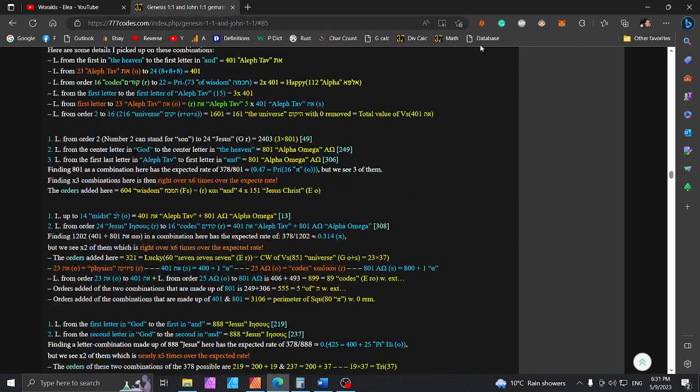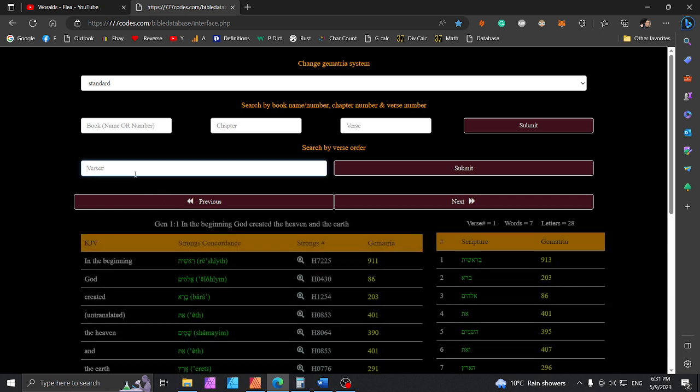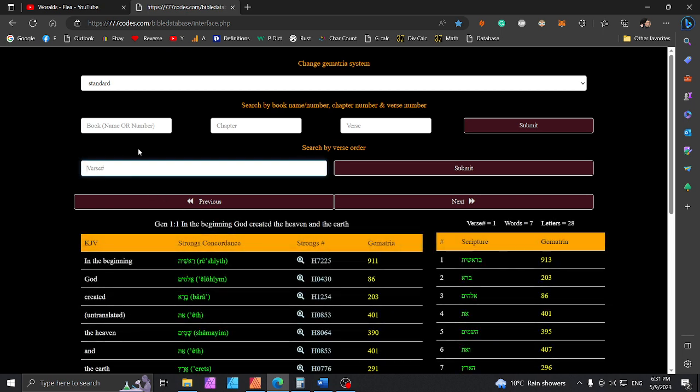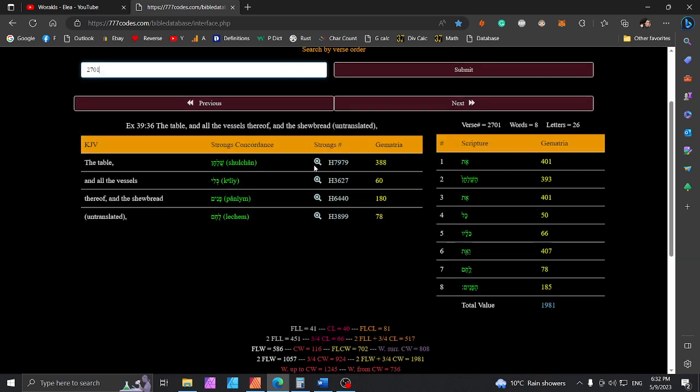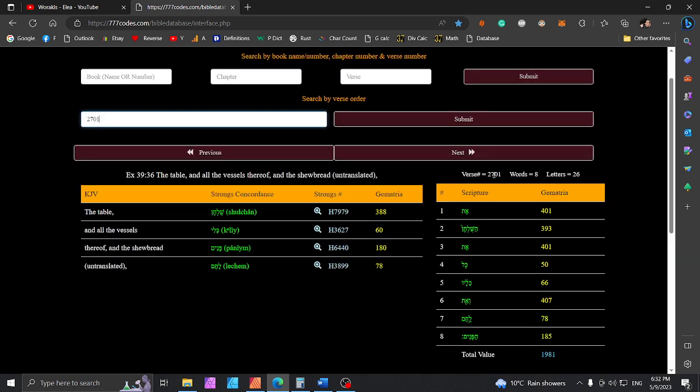So, to continue, if you saw the last video, and you should by now if you're watching this video, I showed you that there are two Aleph Tavs in verse number 2701.